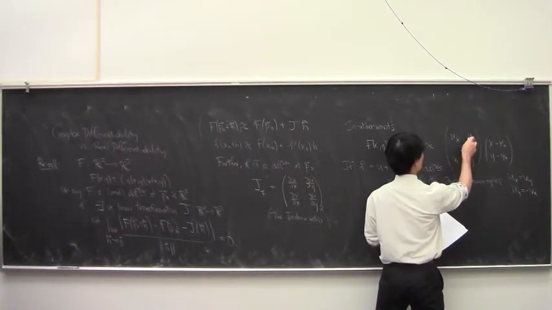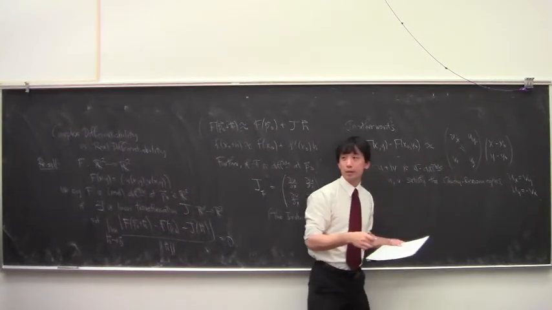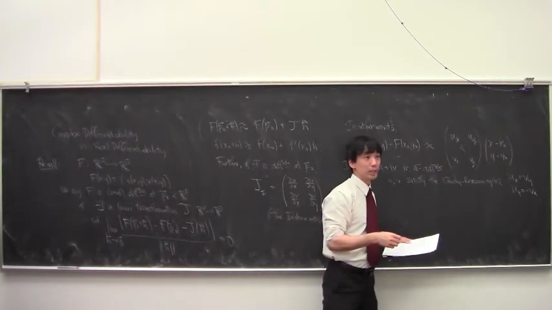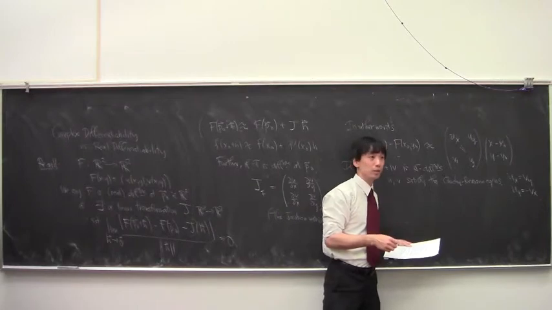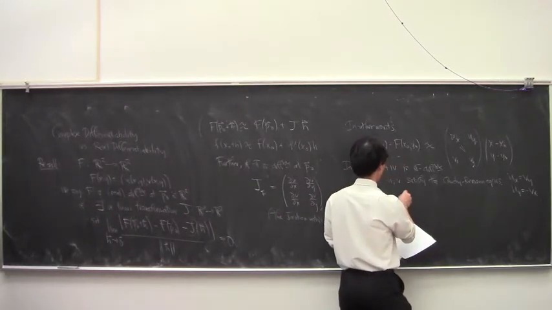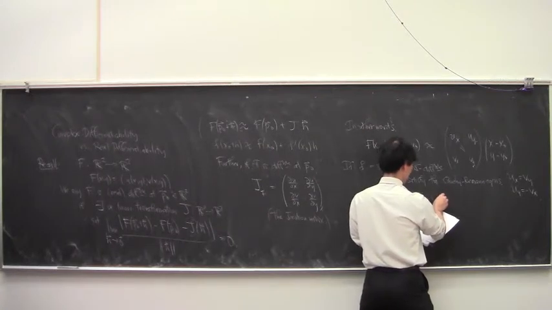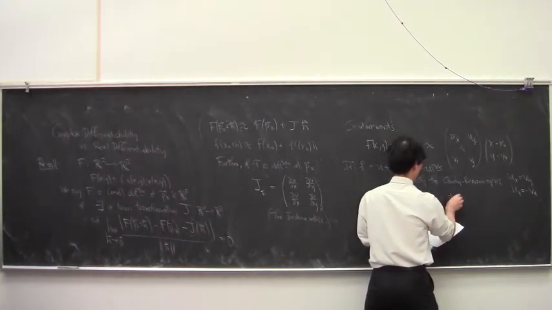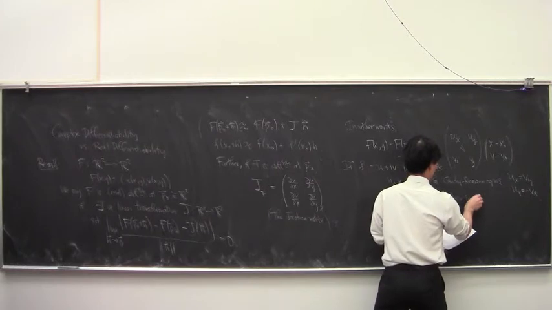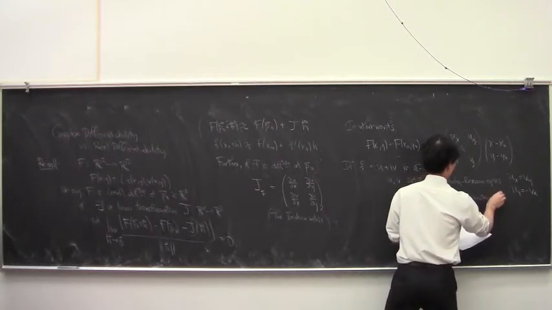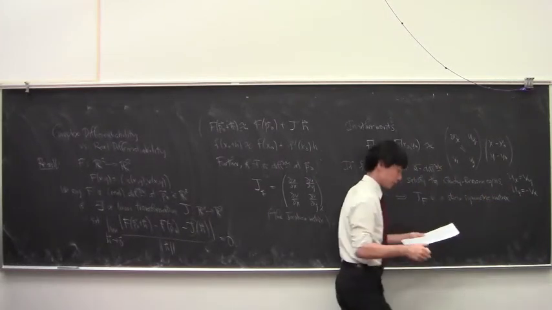So these are equal and these are negatives of each other. So it's not a symmetric matrix, but it's what's called a skew-symmetric matrix.